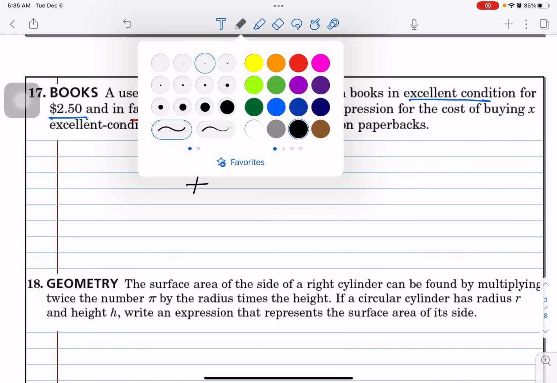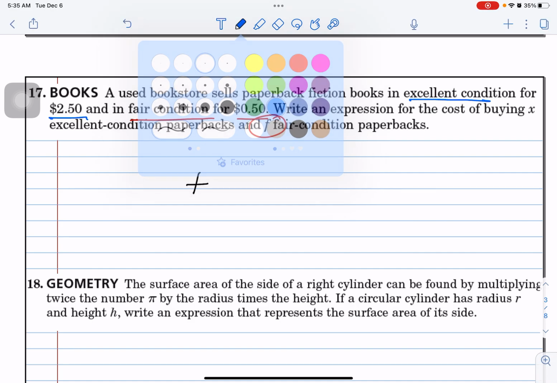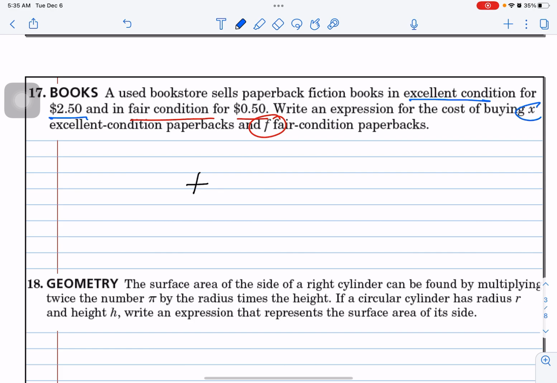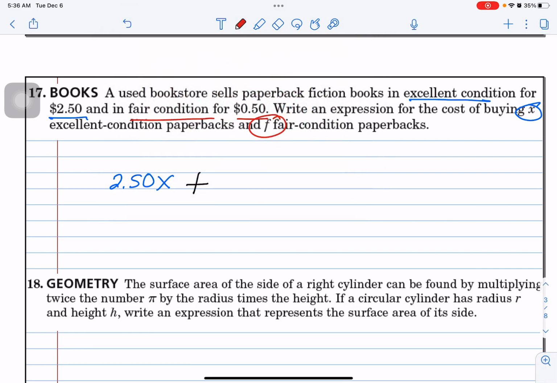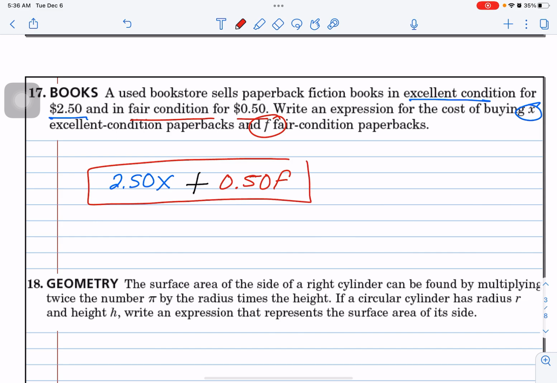All I know is that my excellent conditions cost $2.50 and I bought X of them. So that would be $2.50 times X plus, now I know what the fair conditions, they cost 50 cents and I bought F of them. So this would be the expression that represents that scenario.